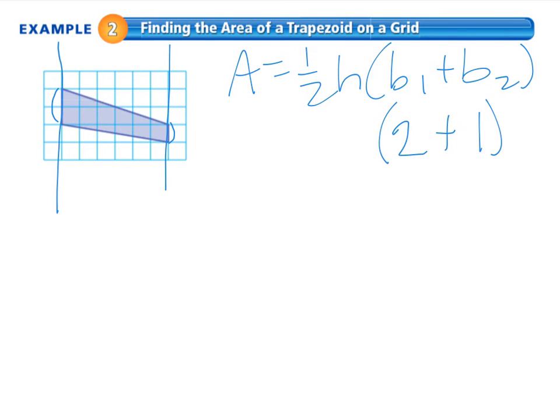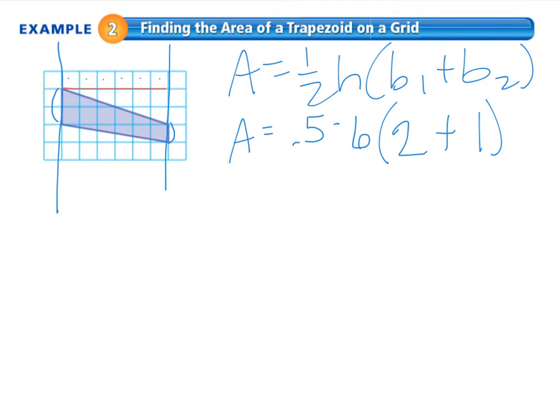The height, it's a perpendicular height, remember, so I have to make it a right angle to both bases. So that's going to go from here to here. And that looks like it's 1, 2, 3, 4, 5, 6 units long. And I still have my 1/2 or 0.5 there.